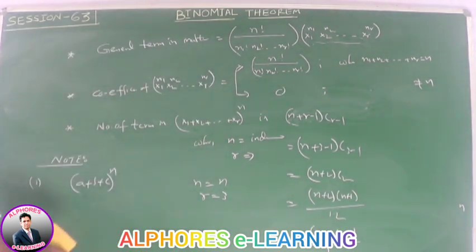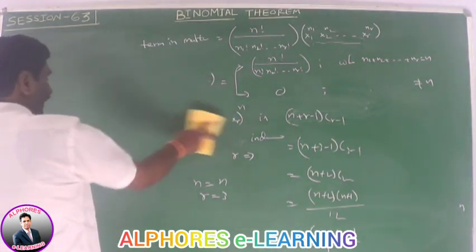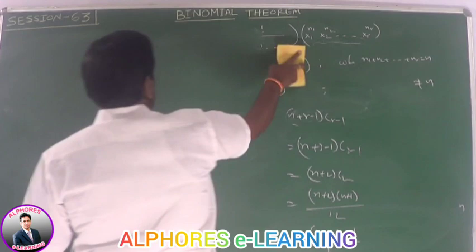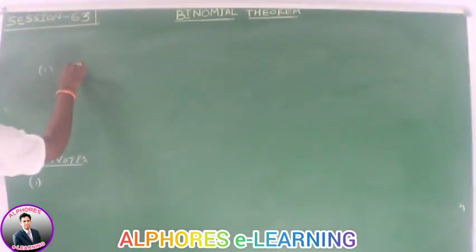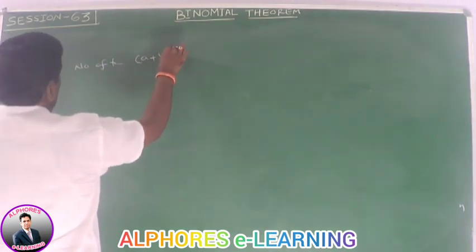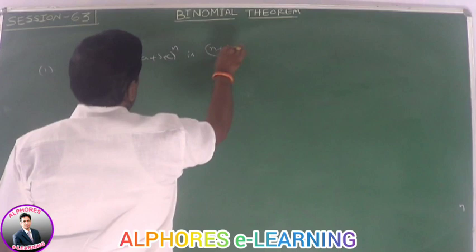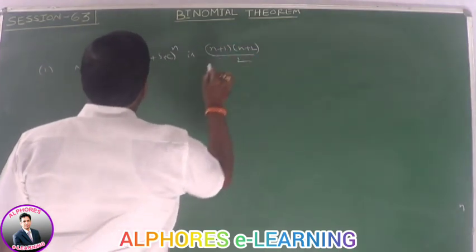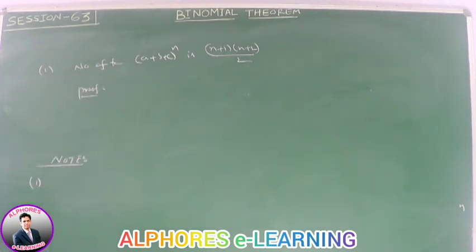If r is equal to 3, that means the number of terms in the trinomial a plus b plus c whole power n is n plus 1 into n plus 2 by 2. Proof. The number of terms in a plus b plus c whole power n is equal to n plus 1 into n plus 2 by 2.